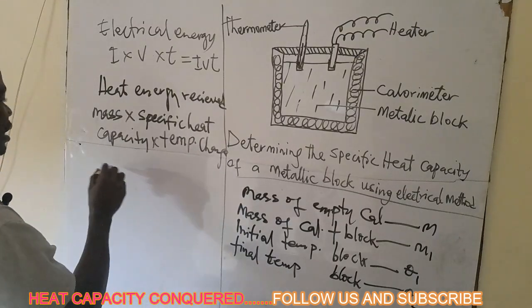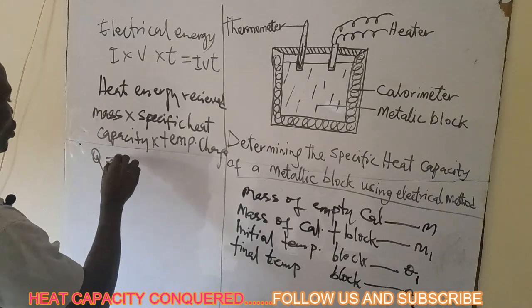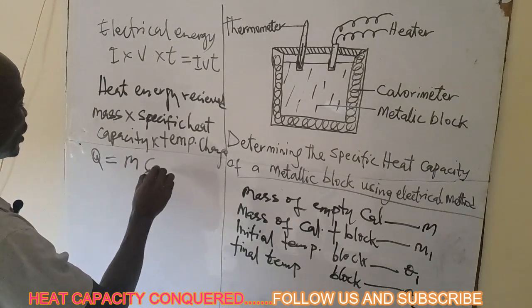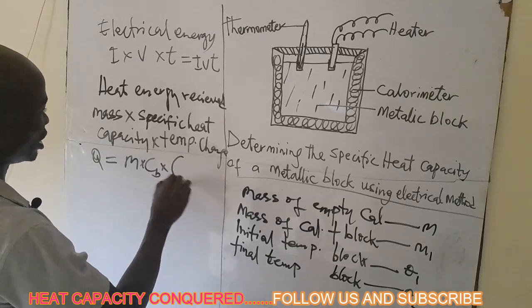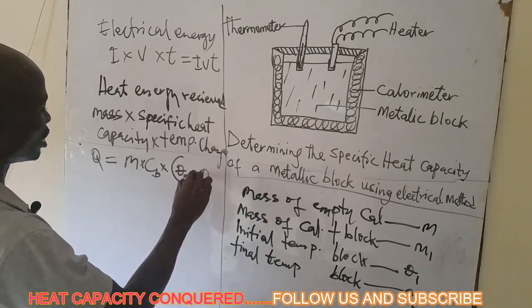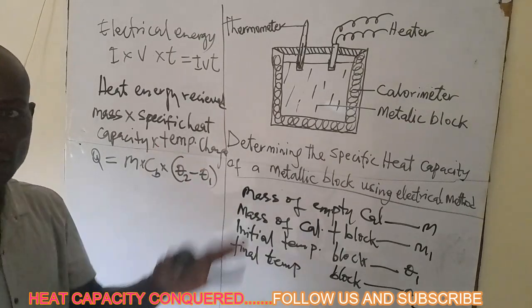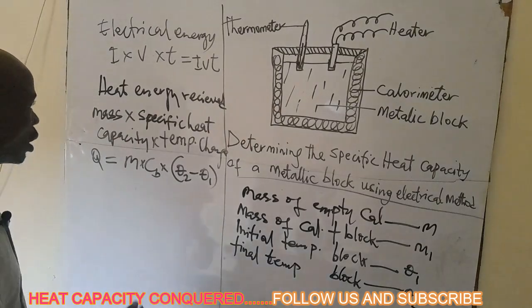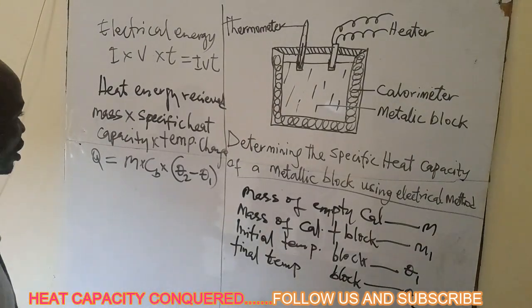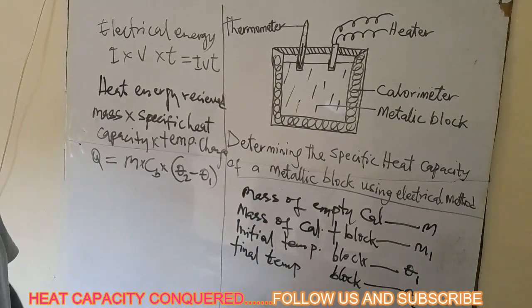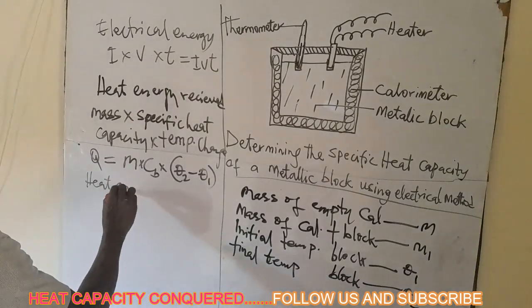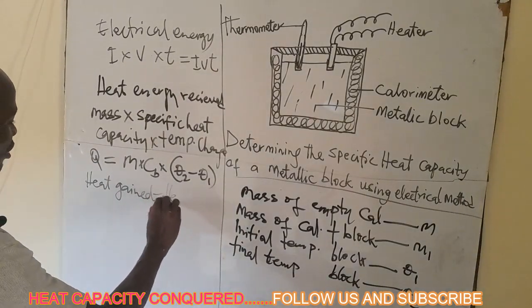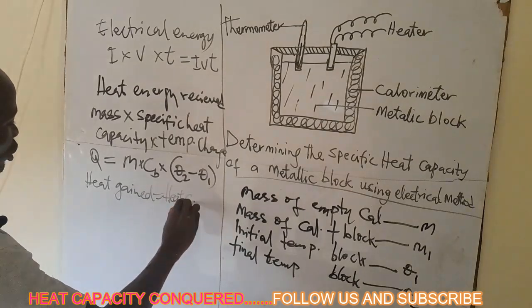That means the heat received here is equal to mass times the specific heat capacity of the block times the temperature change, and that is theta 2 minus theta 1. But heat gain is equal to heat loss, or heat received is equal to the heat supplied. That's why we now have heat gained is equal to heat supplied.